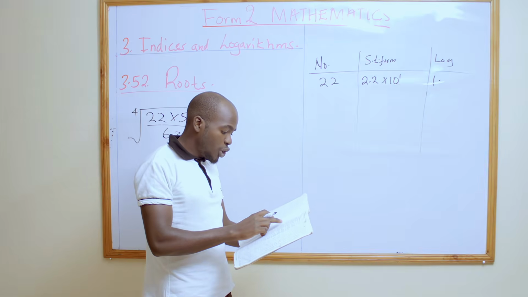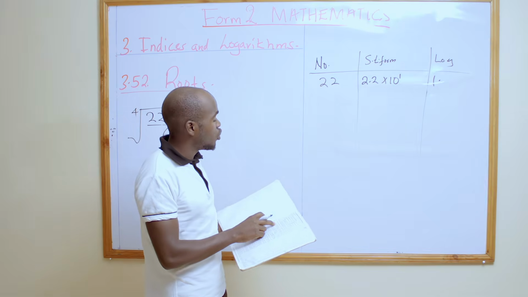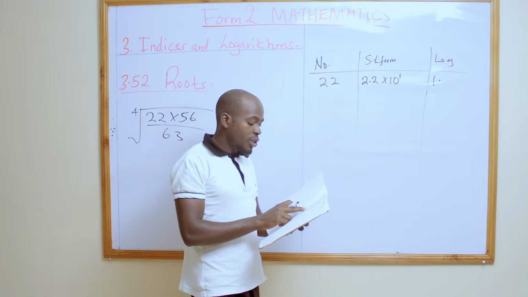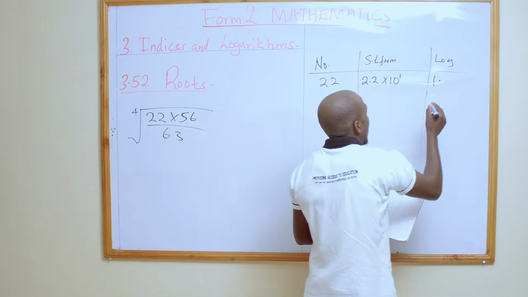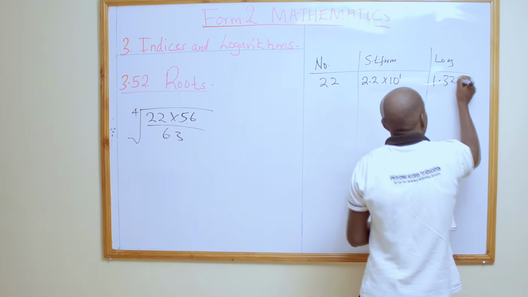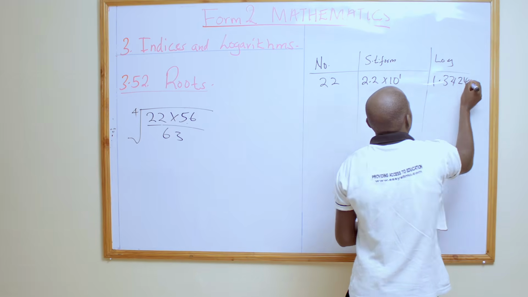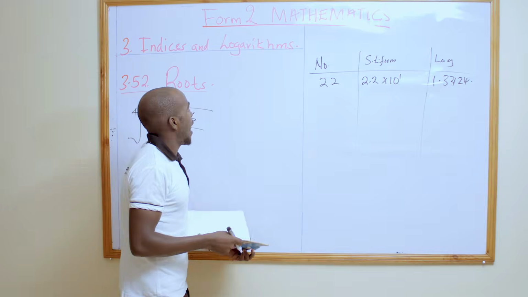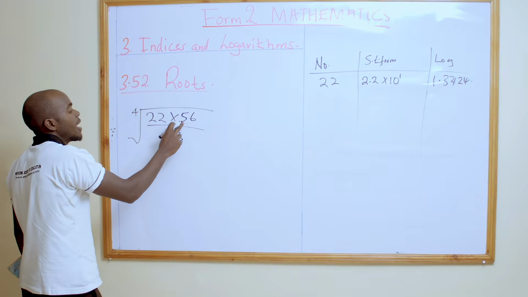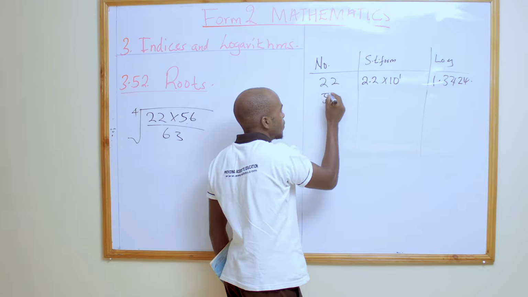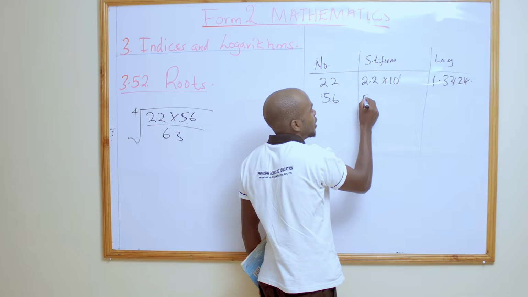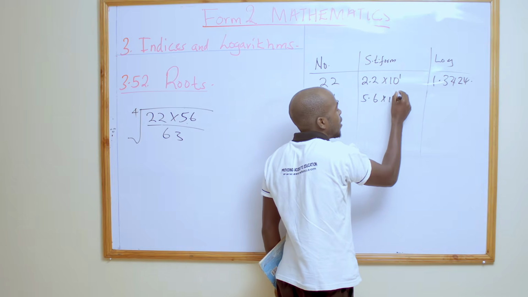And you will find 2.2 under the column of 0, and it's 0.3424. So we shall add 3424. So that is what we have there. And then we shall go for another number, which is 56. The same applies. We shall have 5.6 times 10 raised to power 1.